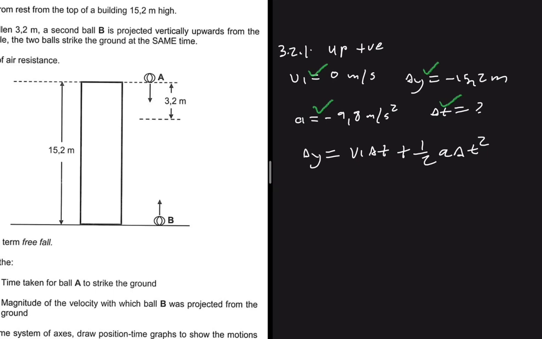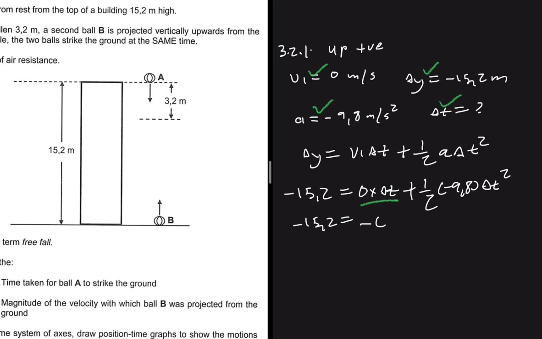So if we go ahead and substitute, we're going to get minus 15.2 is equal to Vi, which is 0, multiplied by the time. So that term falls away. Plus a half. The acceleration is minus 9.8 and the time is what we're looking for. So we're going to have minus 15.2 being equal to, this term falls away, we just have minus 4.9 delta T squared.